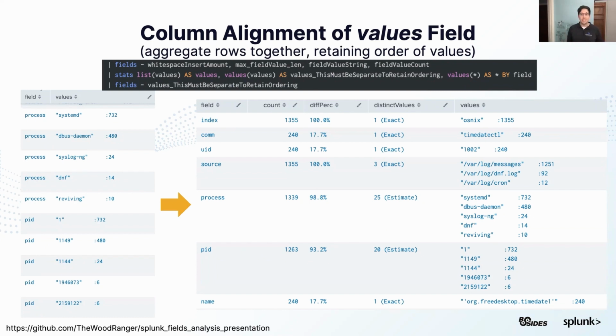Essentially, the idea is that by explicitly calling out the values field in this way, using the values function, we avoid the wildcard function at the end of the stats statement from overriding our list function at the beginning of the stats statement. Because we don't need this field, we immediately drop it afterwards.